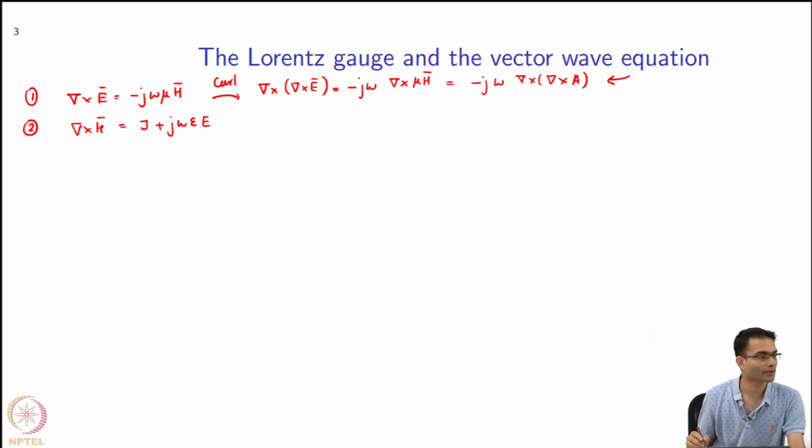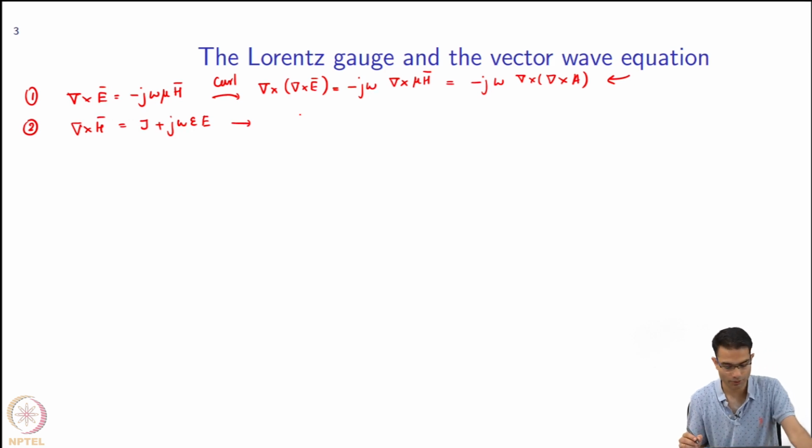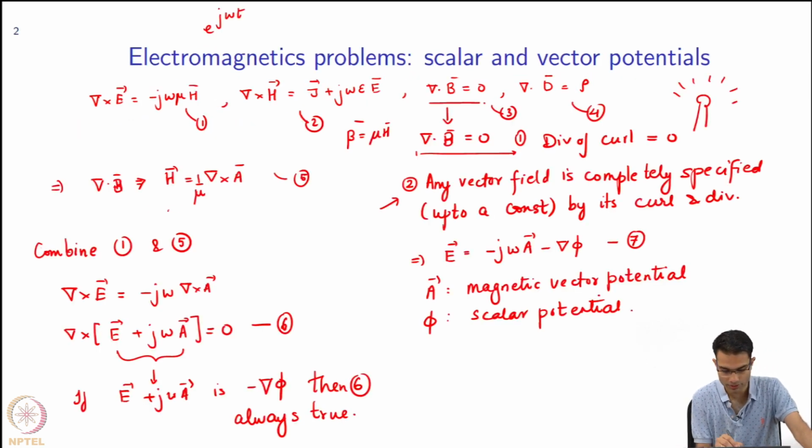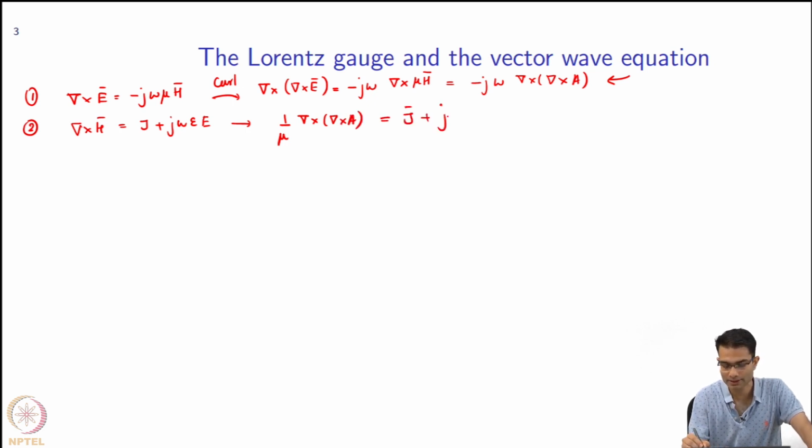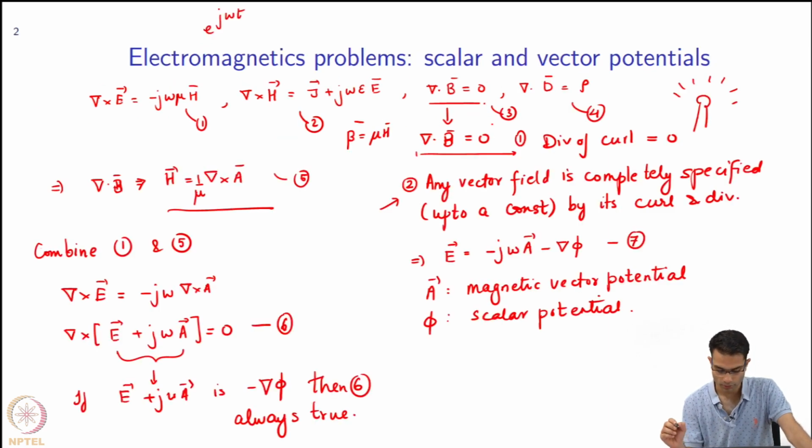If I take equation 2 itself and don't apply any curls, what happens here? So let's take this. Here I can substitute h over here in terms of this relation, right. So this will become 1 by mu del cross A, right, and that will be equal to j plus j omega epsilon. Now E I can substitute over here as, where did it go? Equation 7.